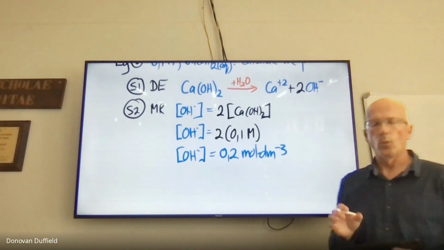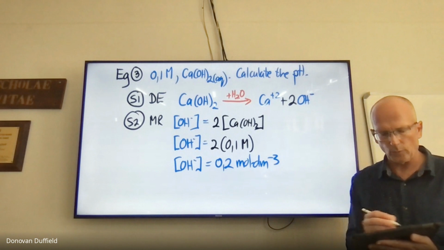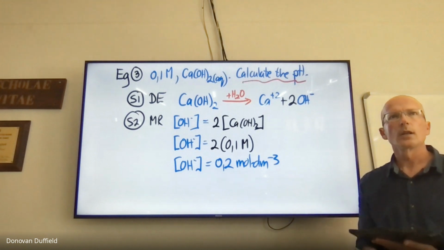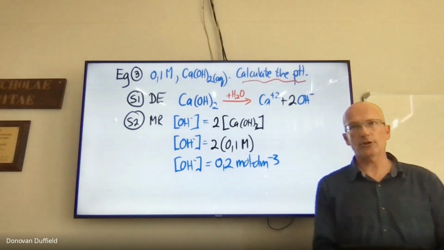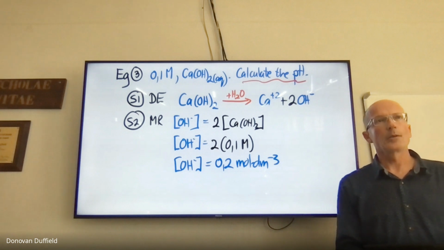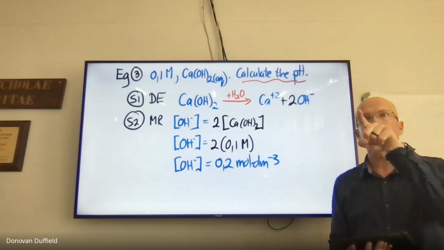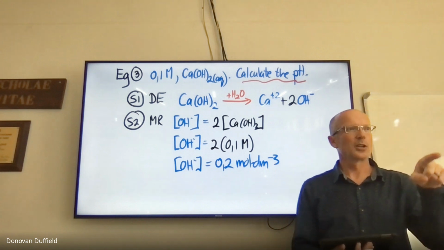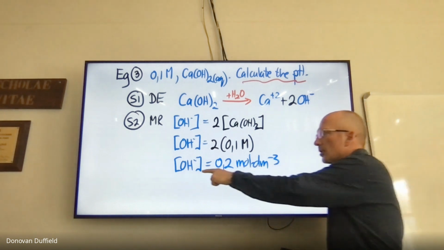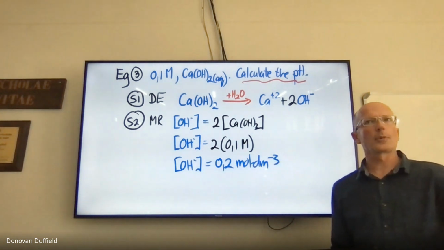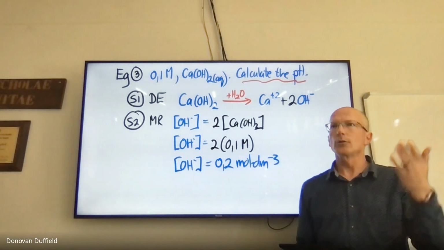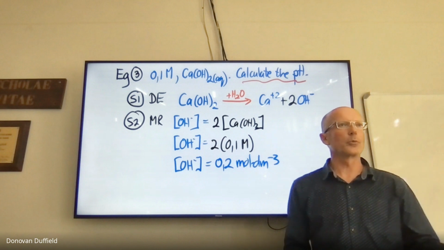All right, now, what have you been asked for? You've been asked for the pH. But the pH is the negative logarithm of the hydronium ion concentration. So how do you switch from hydroxide ion concentration to hydronium ion concentration? You use the Kw formula.